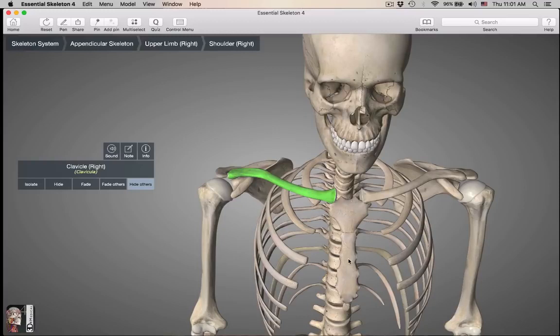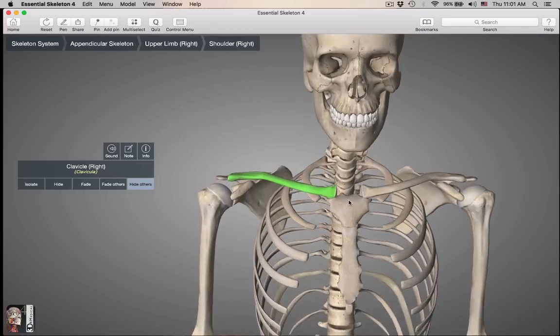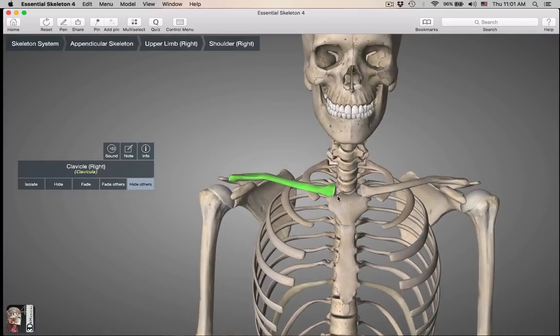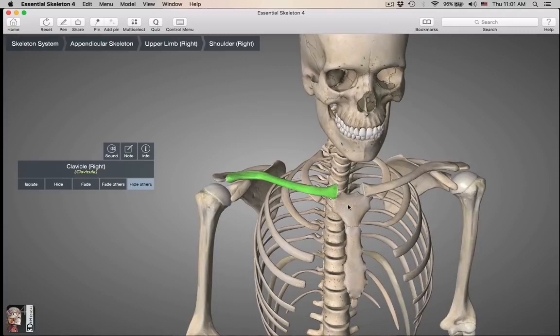Well, this is the sternum. It's articulating specifically with the clavicular notch. Remember the clavicular notch here of the manubrium? So the sternal end of the clavicle is the actual point of articulation with the axial skeleton.